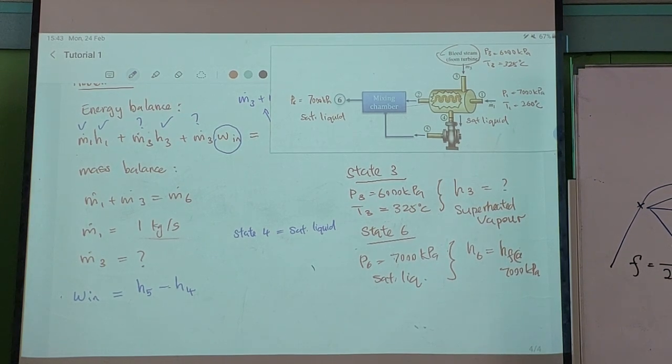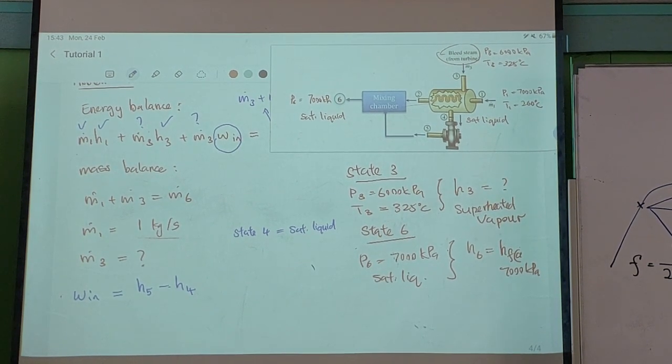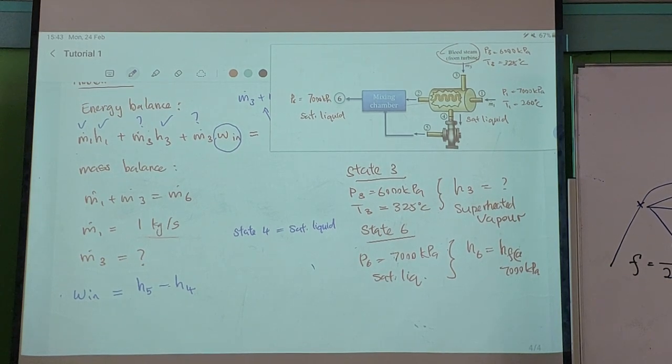Okay. So just now I keep saying, the whole pump function is to increase the 6,000 kilopascal to 7,000 kilopascal so that they can mix, right? So what you need to do here is actually this. It still doesn't look familiar to you, right?